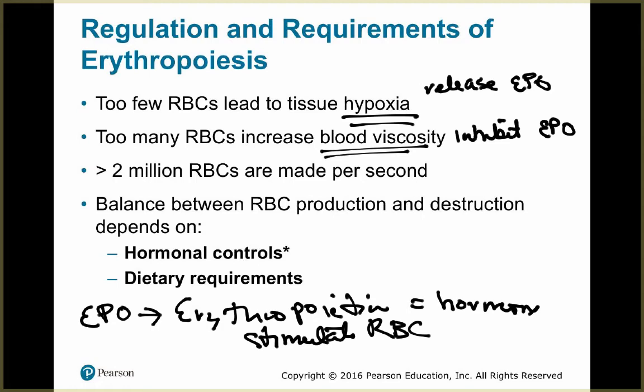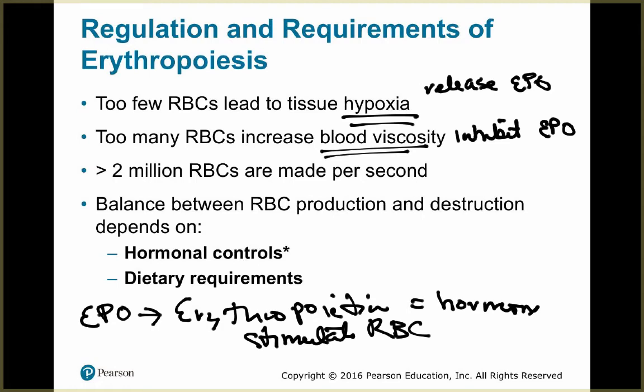For instance, testosterone enhances EPO production. So that is one of the reasons why men have more red blood cells; it's also due to their hormone levels.